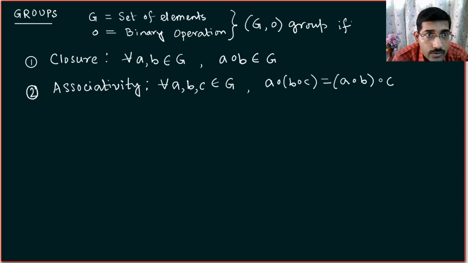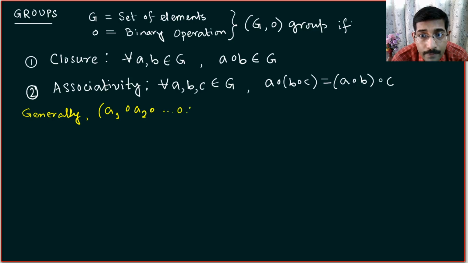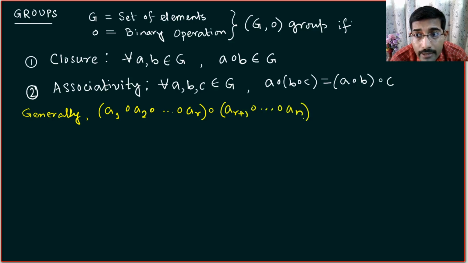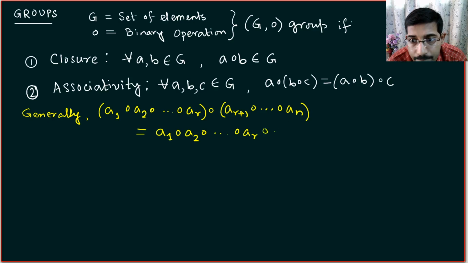So in general, you can write that A1 operated with A2 operated with up to Ar, which is operated with Ar plus 1 up to An, you can also write as the same as A1, A2 up to Ar, Ar plus 1 up to An.